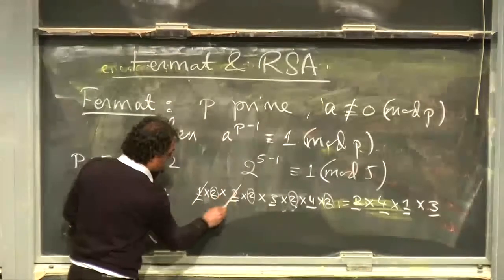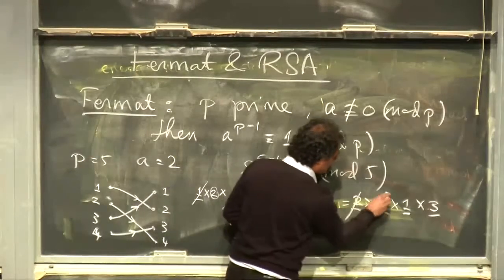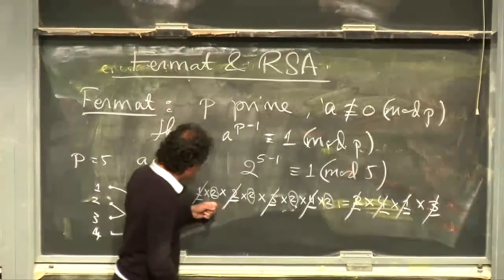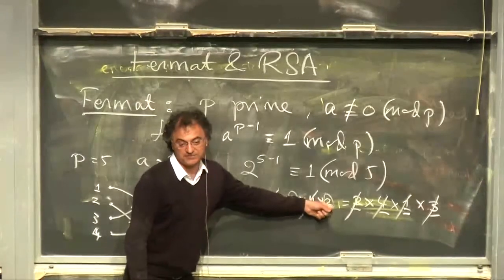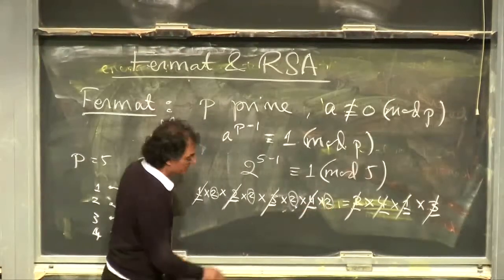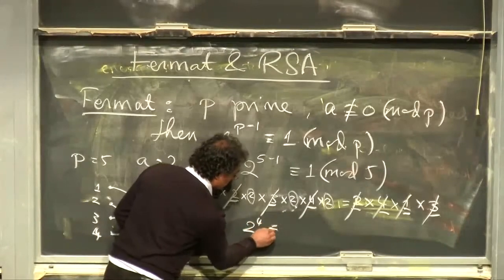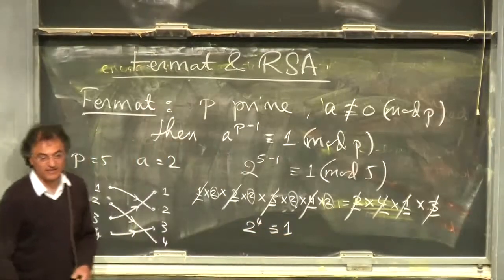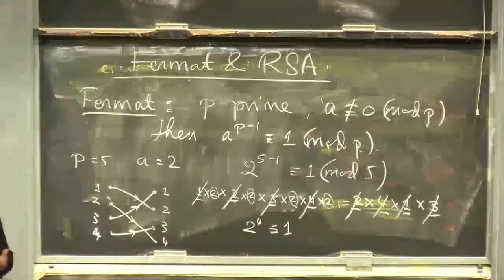So you cancel out 1 times 2 times 3 times 4 from both sides. And what are you left with? You're left with 2 times 2 times 2 times 2. Right? So you have 2 to the 4 must be 1. Okay, so that was his proof.